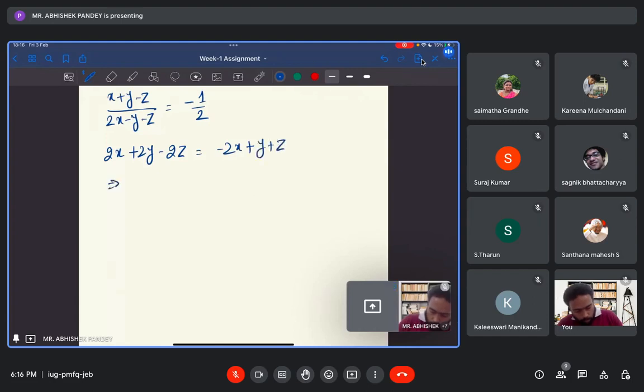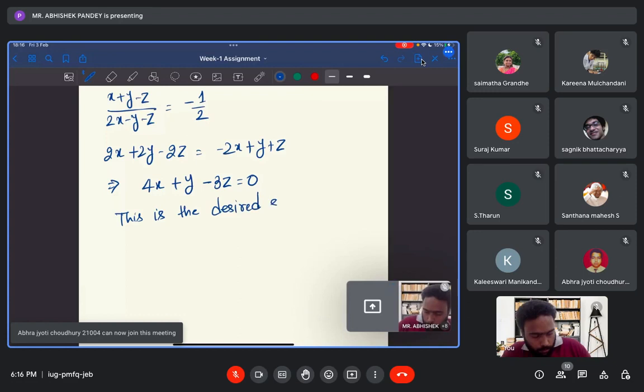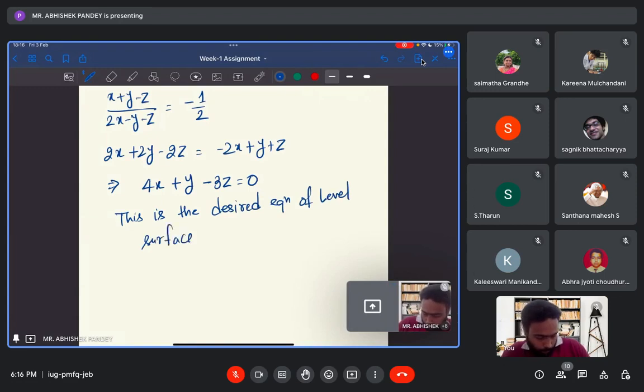This implies 4x plus y minus 3z is equal to 0. So this is the desired equation of your level surface.